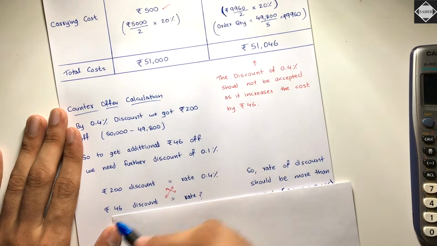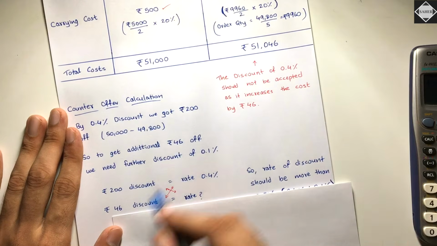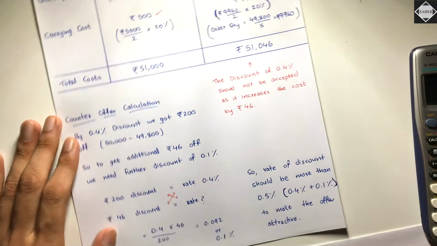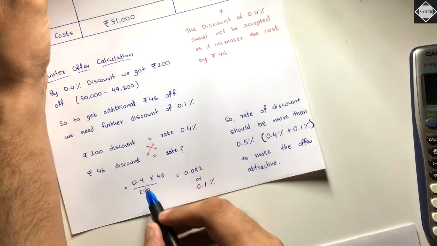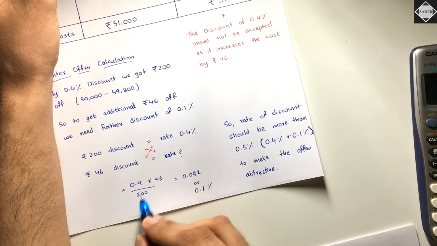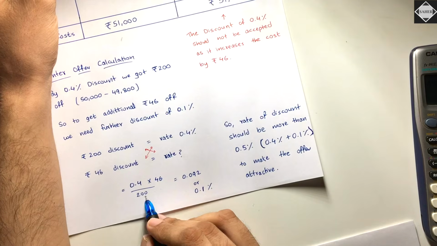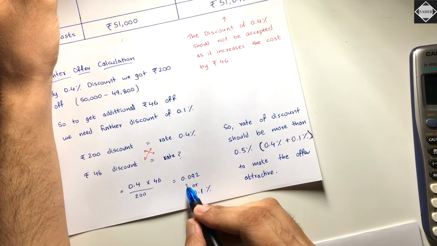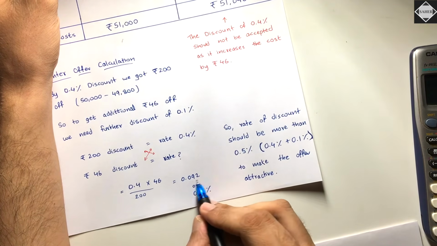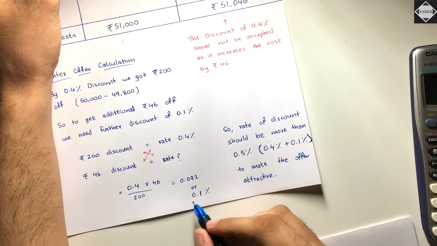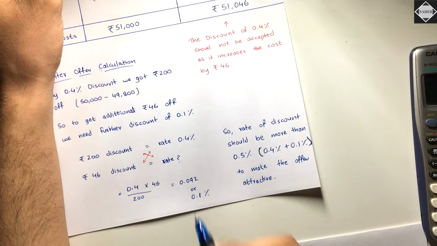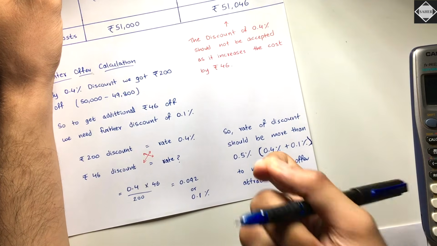Just cross multiply and calculate. 0.4 into 46 divided by 200. We get an answer of 0.092. Then we just round it off to 0.1%. So 0.1% is the additional rate that we need.